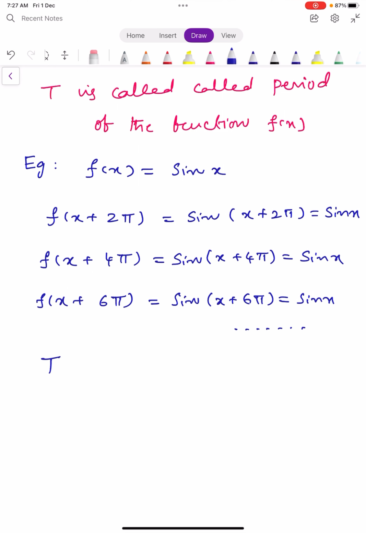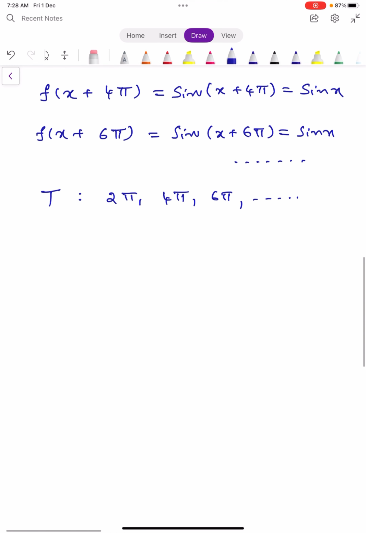Here T has different values, 2 pi, 4 pi, 6 pi, and so on. Among these values, the smallest one is 2 pi.